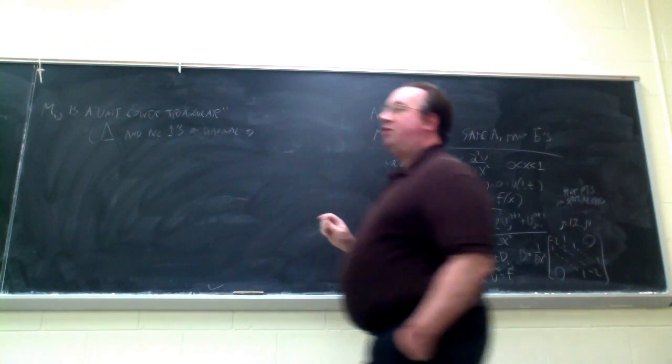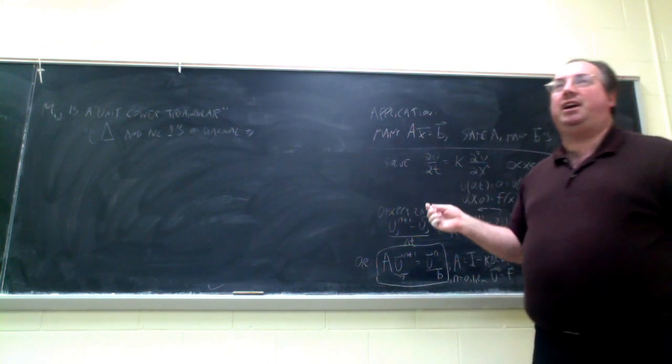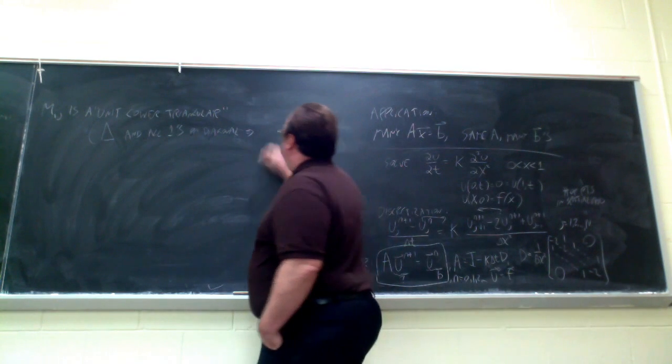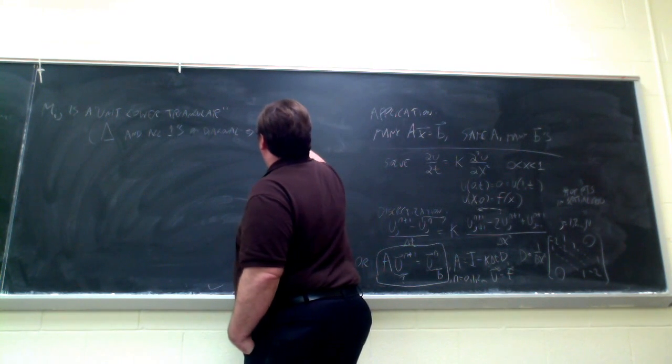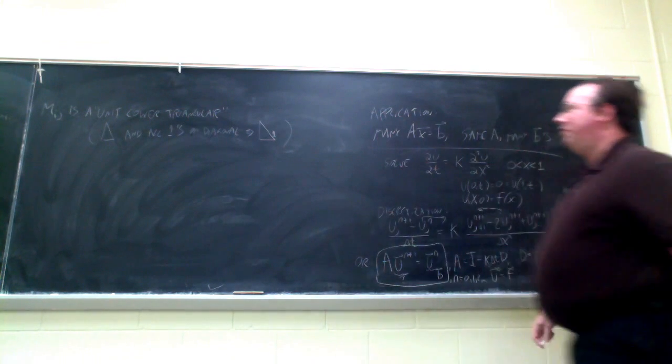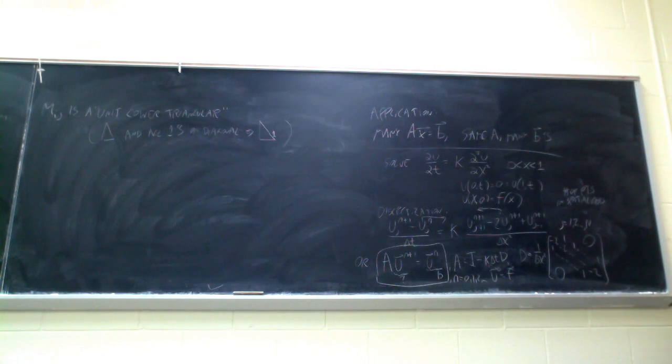I have a shorthand for that too, because I don't like writing out unit lower triangular. My shorthand is the lower triangle symbol with a 1 above it. So that means unit lower triangular. We could do the same for unit upper triangular, but we're not going to use matrices like that.